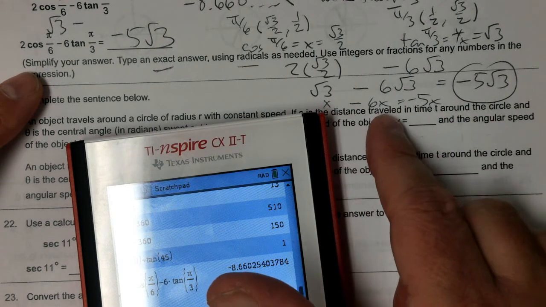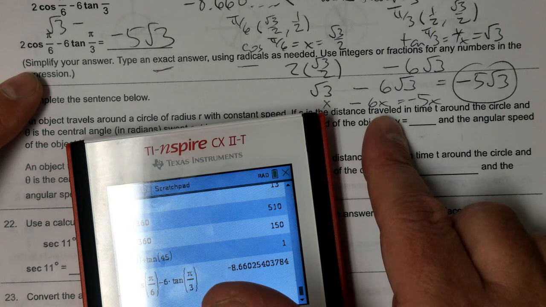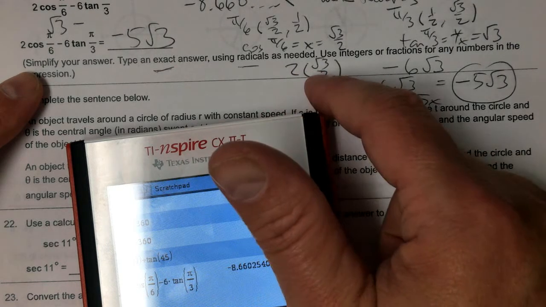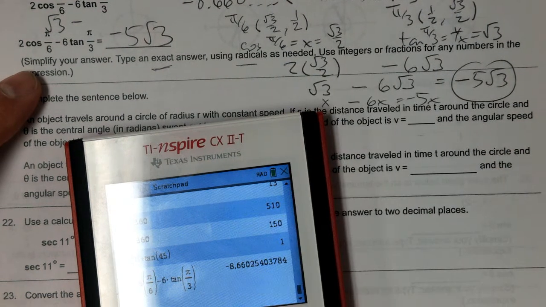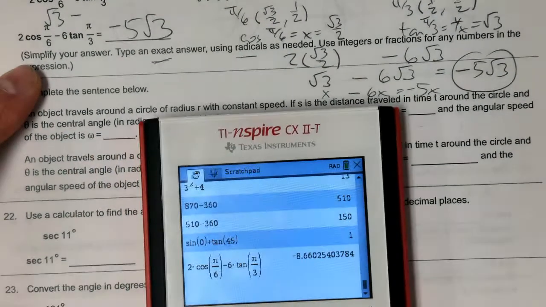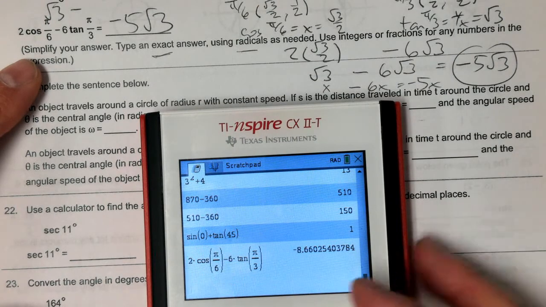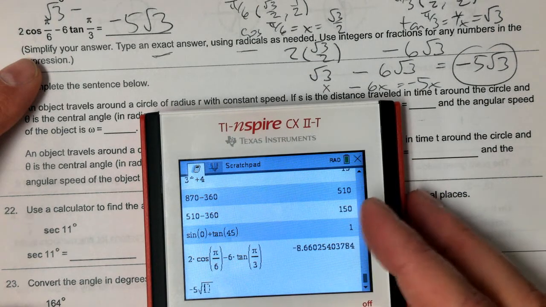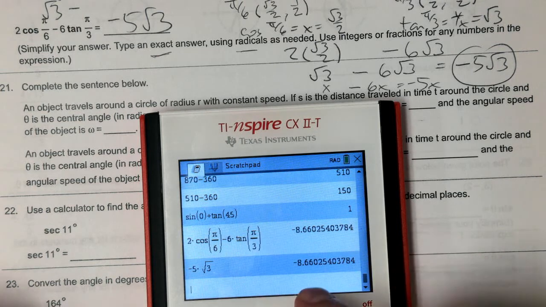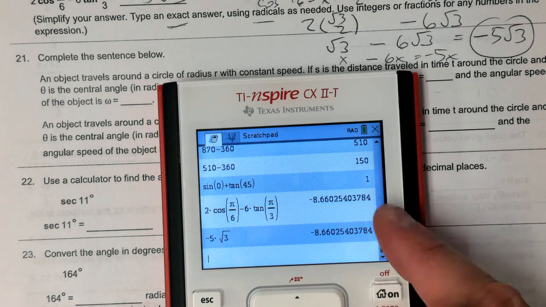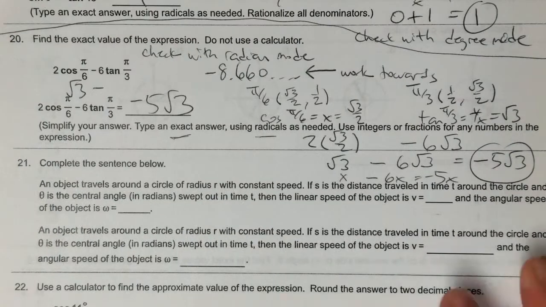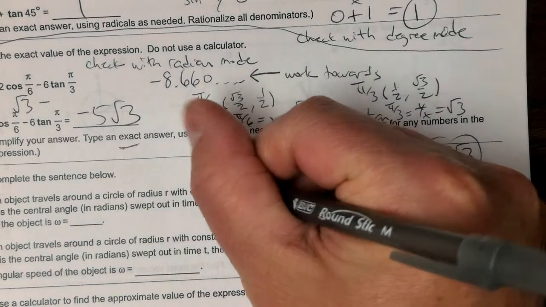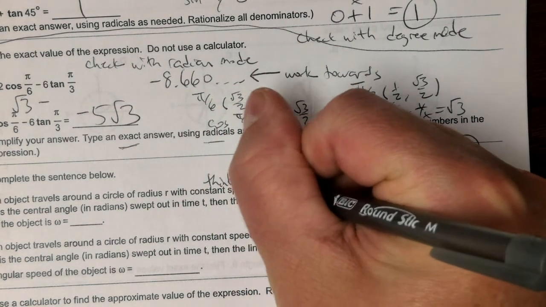Yeah, 1 minus 6. Oh yeah, the 2's cancel because your numerator and denominator cancel. Yeah. And so then negative 5 square root of 3, enter, the decimal matches. So that's how you know you did it right. And how did you get this negative 6x? Well, I just think of x equals square root of 3.